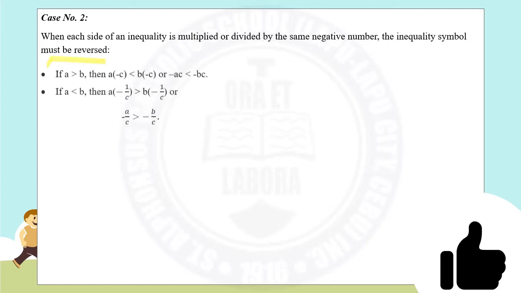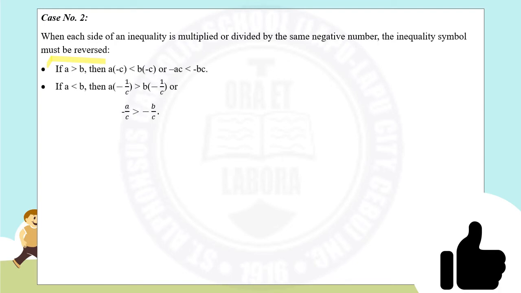If a greater than b, then a multiplied by negative c. You multiply negative c here, then you will also multiply negative c to the other side. So a times negative c, that's negative ac, less than negative bc. It is still the same.